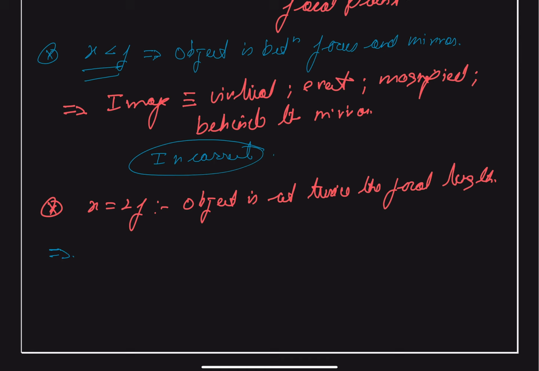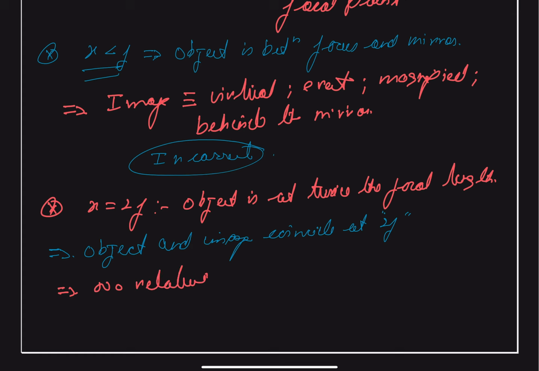So under this condition, we get that object and image coincide at 2f, and there is no relative lateral shift when the eye moves.